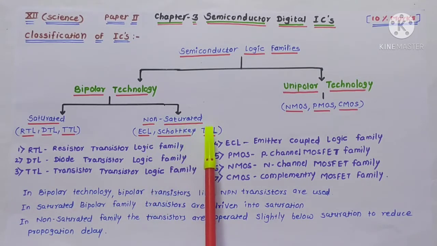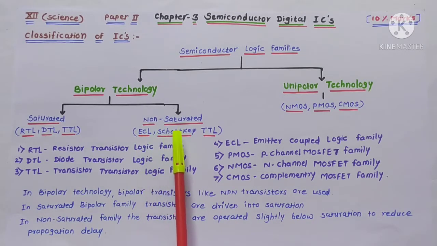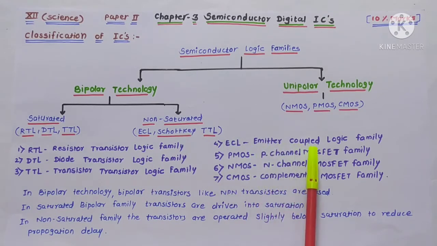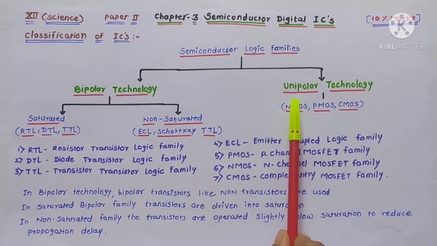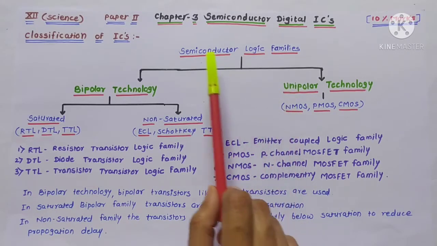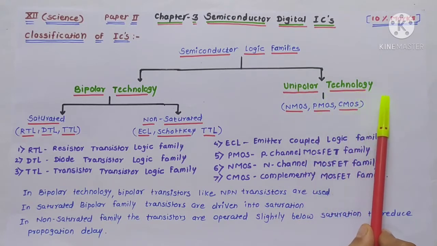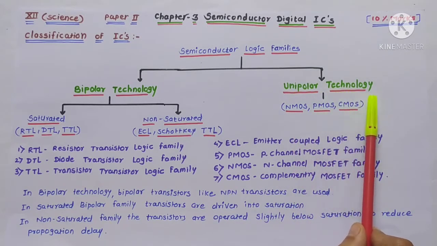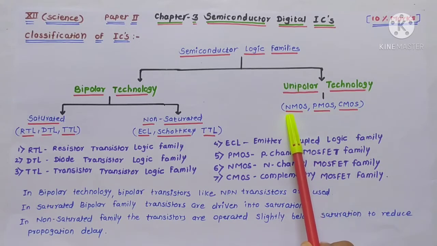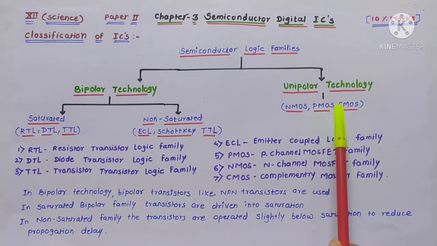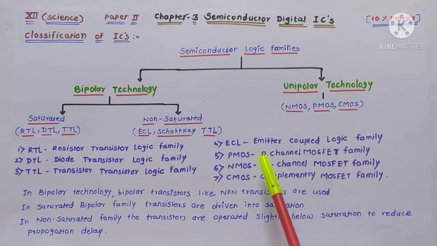Now what about non-saturated bipolar technology in semiconductor logic families? Here the first one is ECL, then Schottky TTL. What is meant by ECL? It is the emitter coupled logic family. And the second subtype of semiconductor logic family is unipolar technology, and in this unipolar technology there are three subtypes. The first one is NMOS, second PMOS and third CMOS.